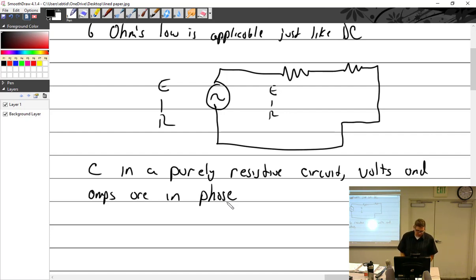Same time, same moment. In every step in time, volts are doing the exact same things as amps, but at a different amplitude, because volts are up here and amps are down here.